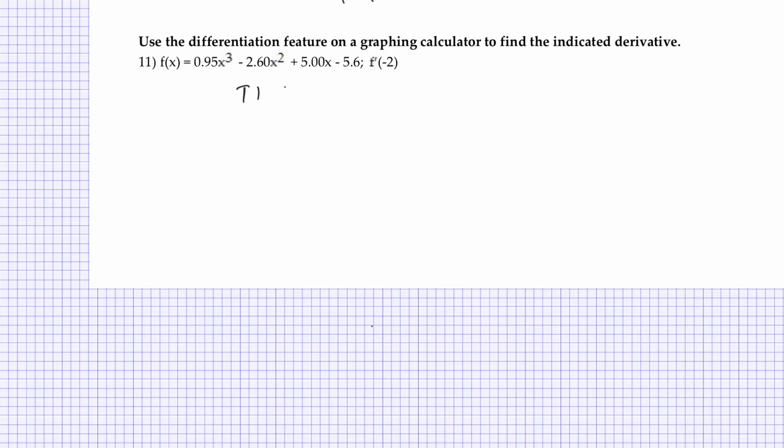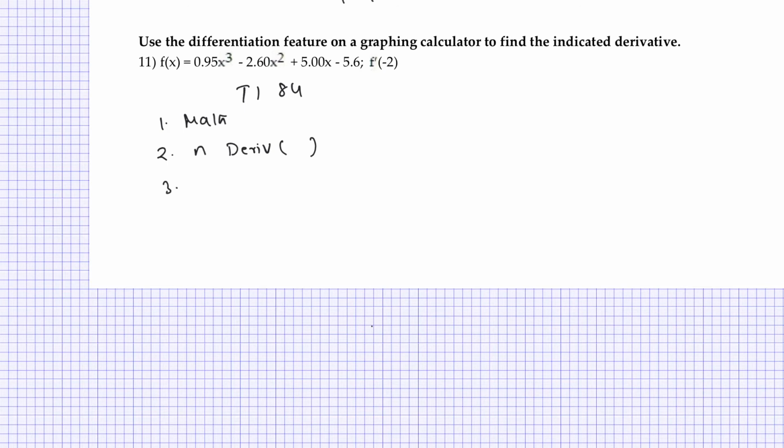In this problem, we can use a TI-84 to find the derivative of the given function. First, go to Math, and then scroll down and select nDeriv, which is the 8th in the list.